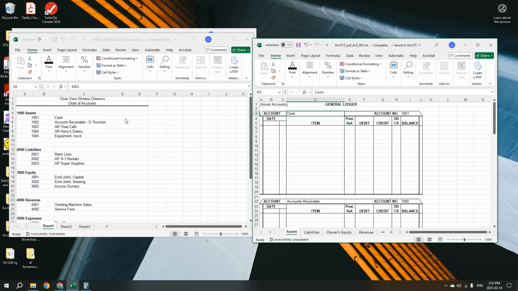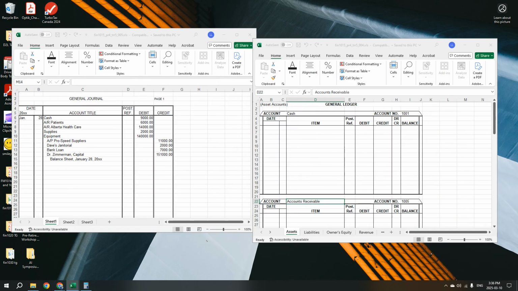It's accounts receivable. But if we had used it for our Clearview window cleaner, we would put account number 1002 for accounts receivable. But that's not what we have. So we'll just do this for our general journal and put it into our ledger.